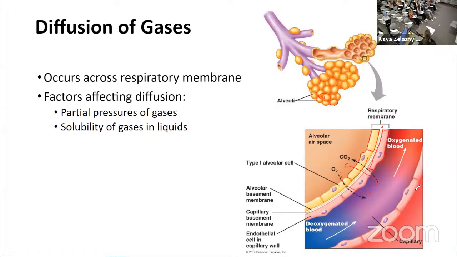So we're going to be thinking about something called partial pressure. And we're also going to be thinking about the solubility of those gases in the liquid. So they are going from being mixed in with other air here in the alveoli versus the plasma, which is fluid. So they're dissolved into that fluid once they're in the capillaries. So we have some things we need to think about when we think about that process.